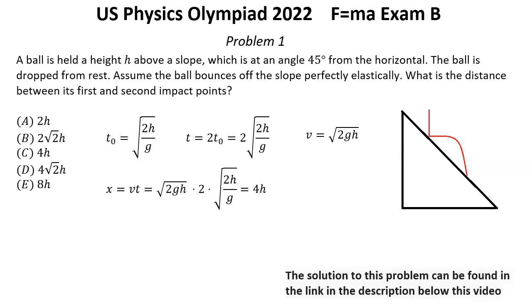That will be x equals vt, or 4h. And the last step is to find the distance. The distance will be the square root of 2 times x, or 4 square root of 2h. That's answer D, and that was the solution for problem number 1.